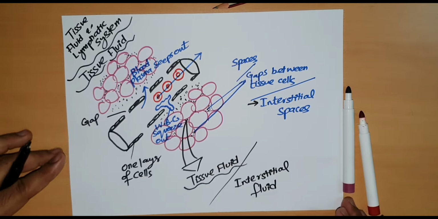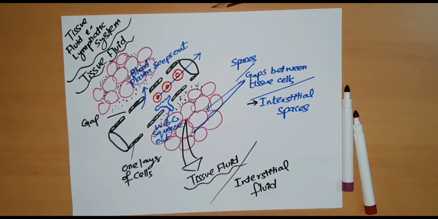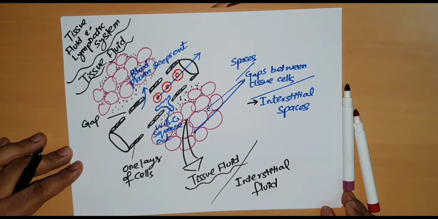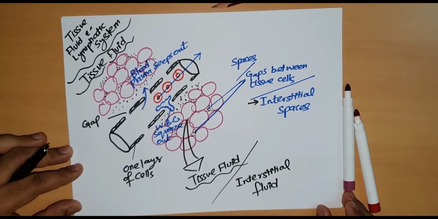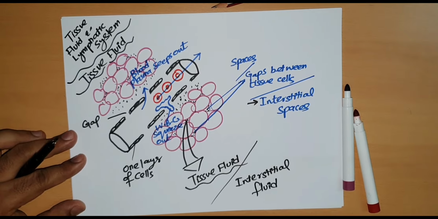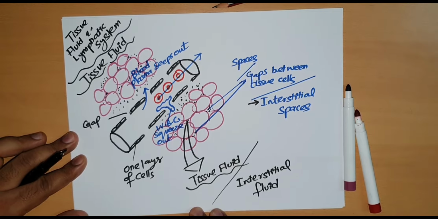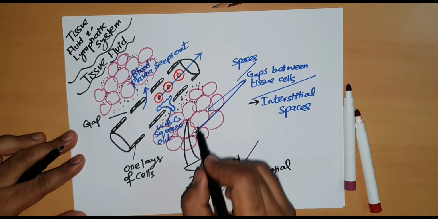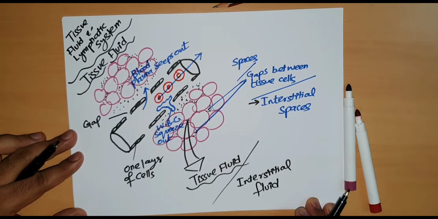So remember one thing: this fluid which is present in between the tissues is actually because of the leakage of the blood capillaries. Now this has very huge importance. Why? Because when anything is diffused or transported from the blood into the tissue cells, first it will enter into the tissue fluid and then into the tissue cells.